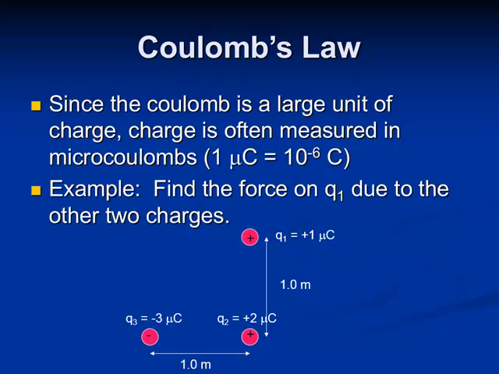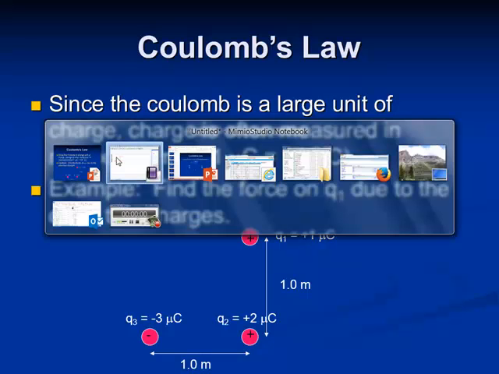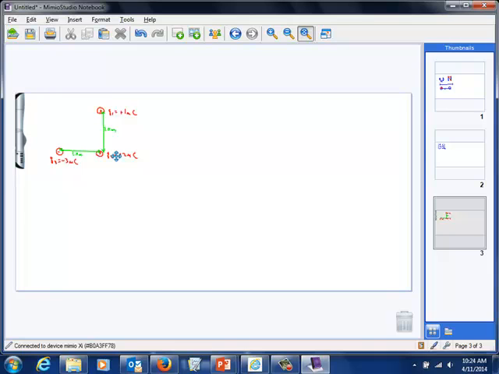And the problem is find the force on Q1 due to the other 2 charges. We're assuming that all these are point charges. They're tiny, and they're also spherical. And the 1 meter distances are given between their centers. Find the force on Q1 due to the other charges.